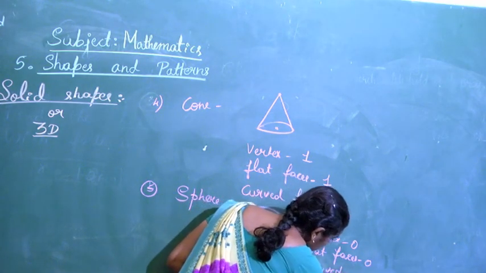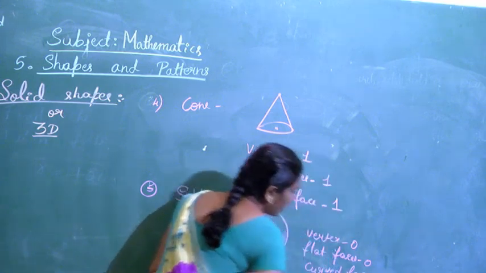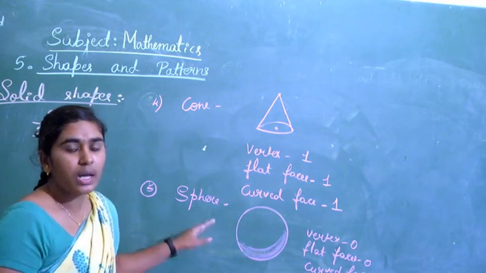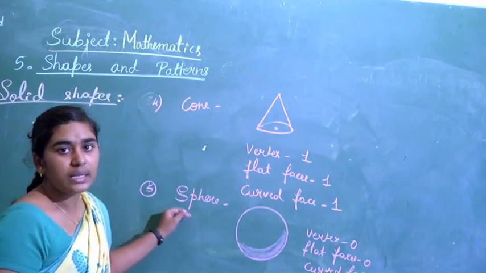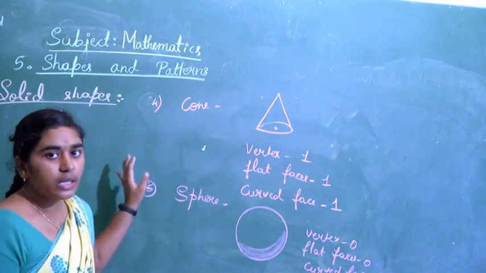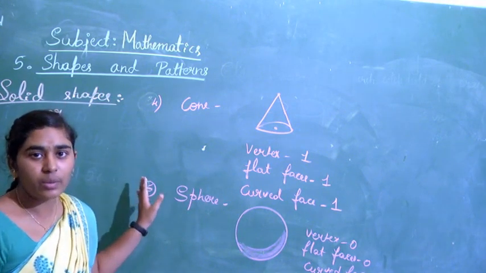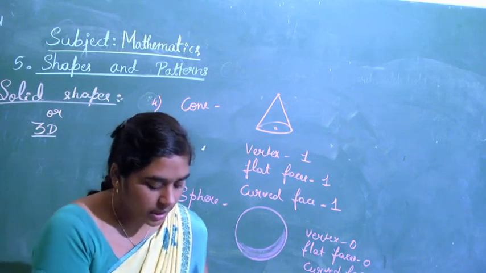Curved face is only 1. One curved face for a sphere, remaining all the things will be zeros. Right? These are the solid shapes or the three-dimensional shapes. On this basis, you have some questions by seeing the things here.